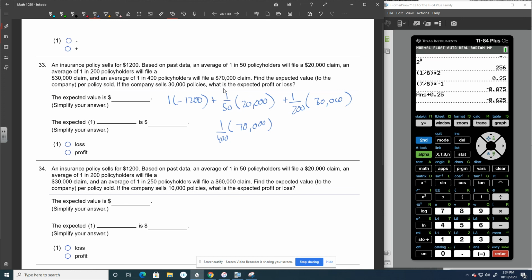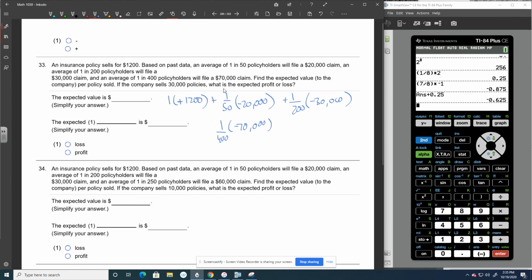So I'm going to take my insurance policy as this negative, and all of these are my positives because those are money gained, right? Well, I guess if I'm looking at it from the insurance company's point of view, they're going to gain $1,200 per policy.